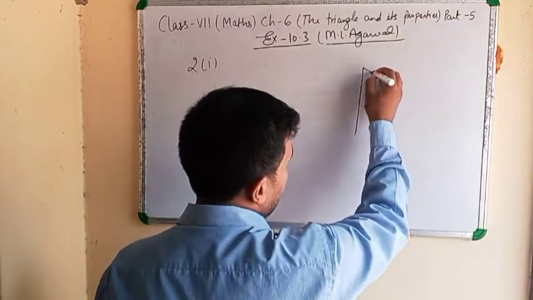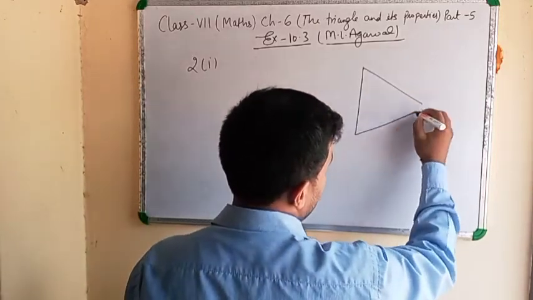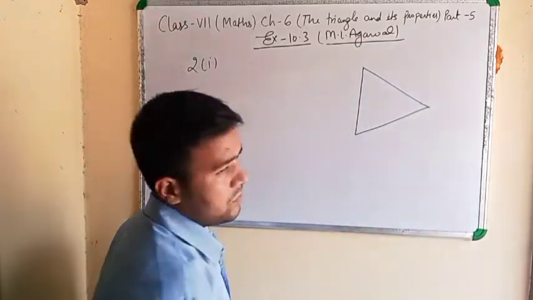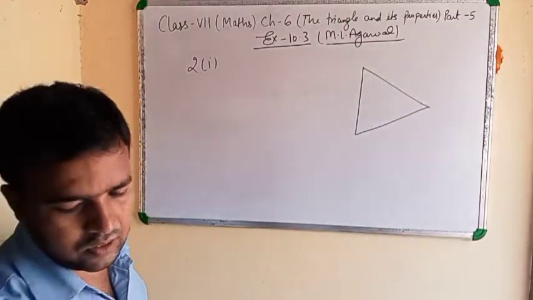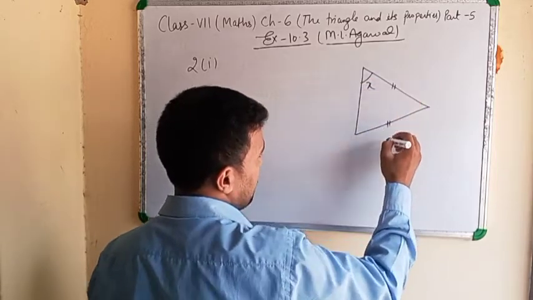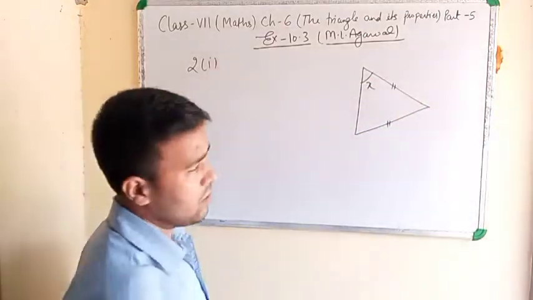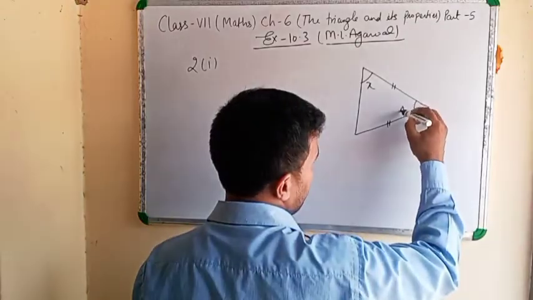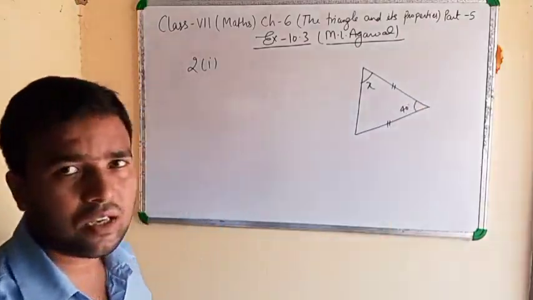It is a triangle. This side and this side are equal, and this angle is 40 degrees.